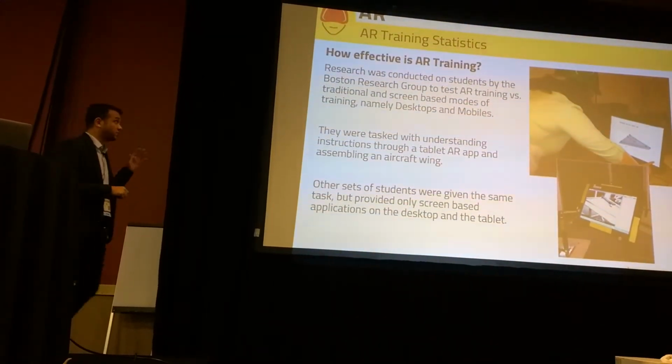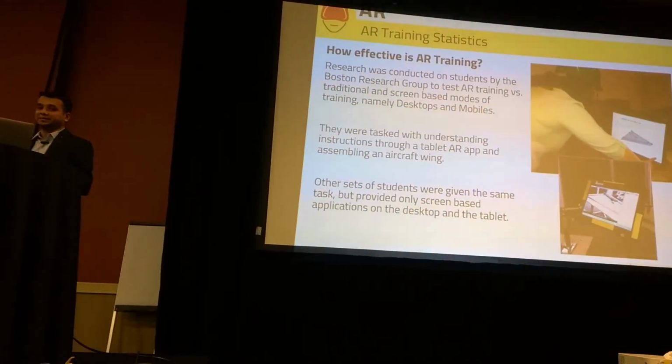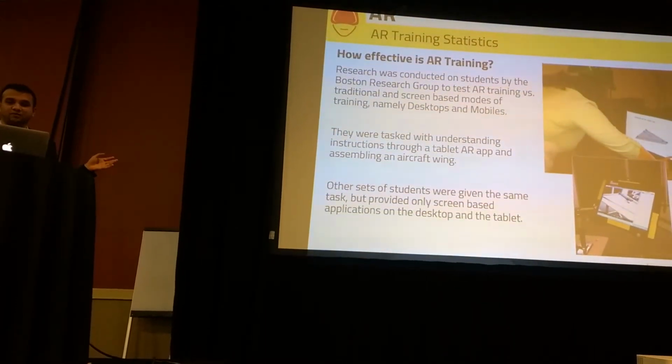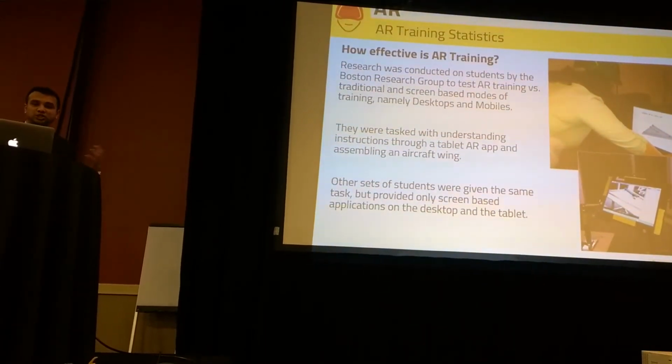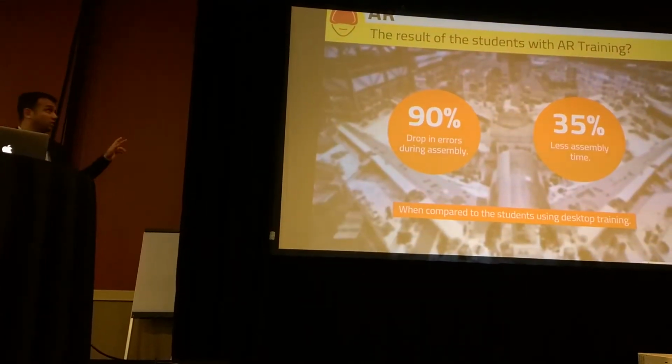Apparently we do. The Boston Research Group did training for both desktop and mobile-based, mobile AR-based training. And what they found was that when they had students train on these two different methods of training, these were the results.